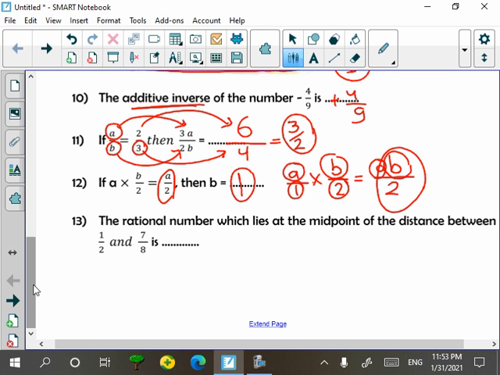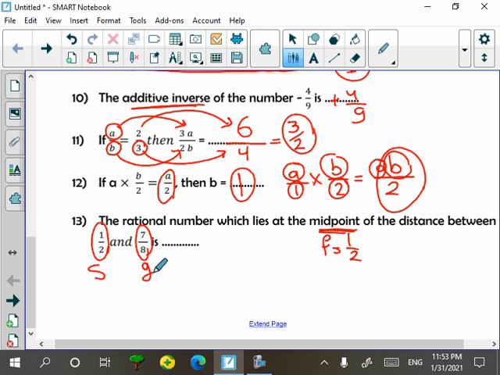Number 13, the rational number which lies at the midpoint, then the ratio, it will be half of the distance between 1 over 2 and 7 over 8. Okay, 1 over 2 is the smallest and 7 over 8 is the greatest.